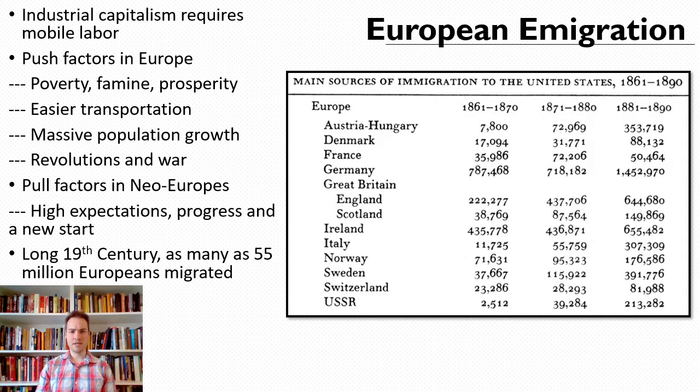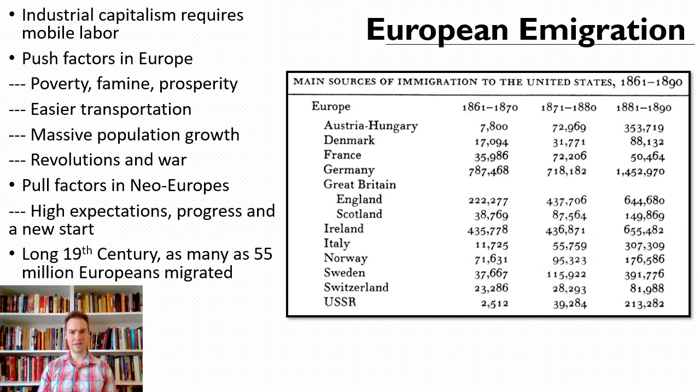But anyway, as part of the system, there were a lot of push and pull factors for Europeans to get out of Europe and go somewhere else. Lots and lots of them are going to the United States, but they also go to Canada, Australia, South Africa, Chile, Argentina, other places, sometimes the Caribbean, to establish working environments, to serve as lower class labor, to try to start their own farms, all this sort of stuff.